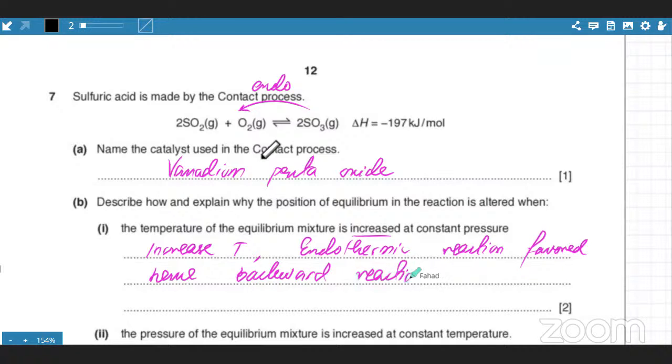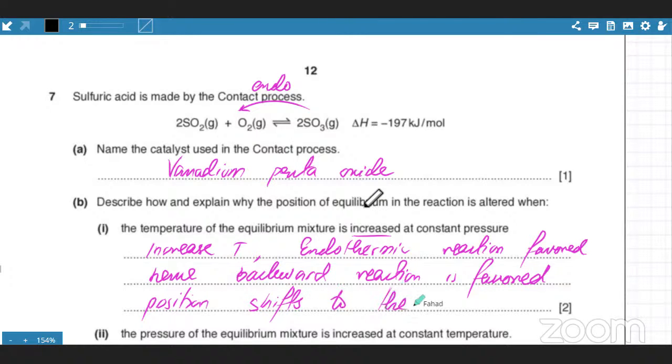So hence the backward reaction is favored and the position of the equilibrium shifts to the left.